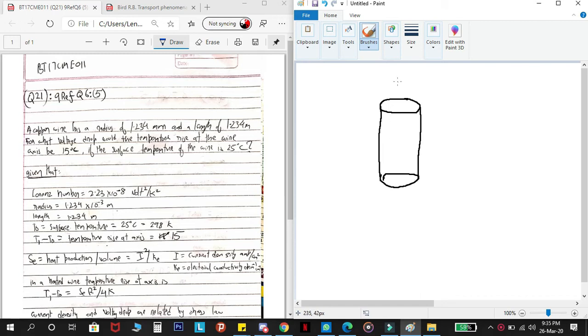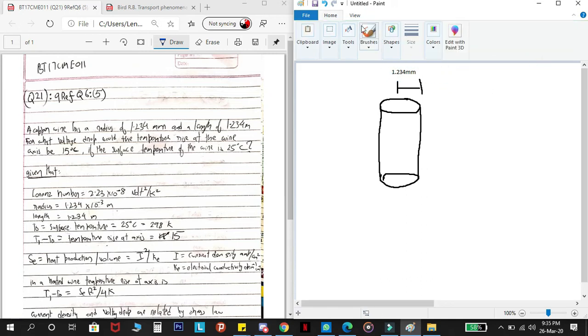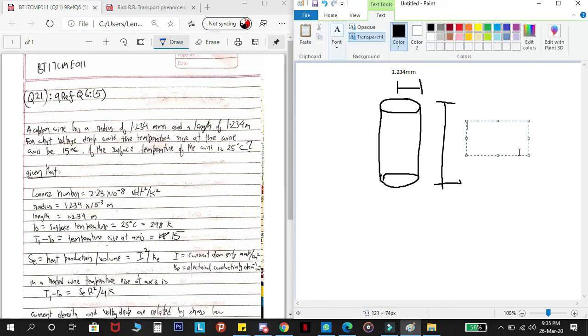We have its radius as 1.234 mm and its length as 1.234 meters.